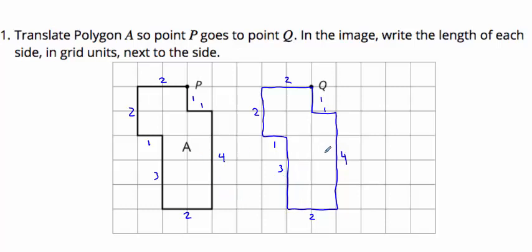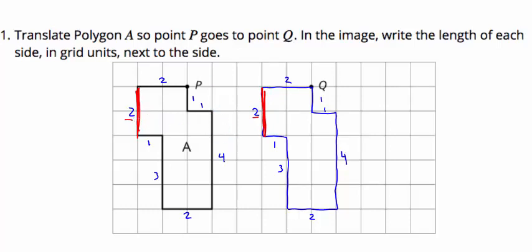So what changed here? Well, the side lengths are exactly the same, right? The corresponding side lengths. So this side right here corresponds with this side right here, and we can see they're each 2 units.